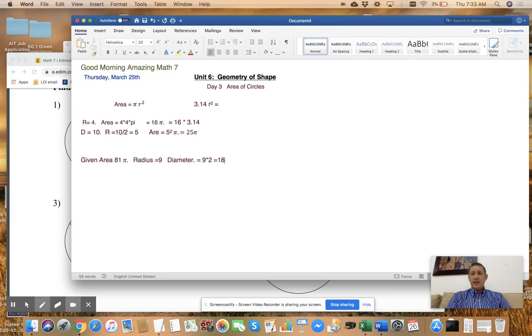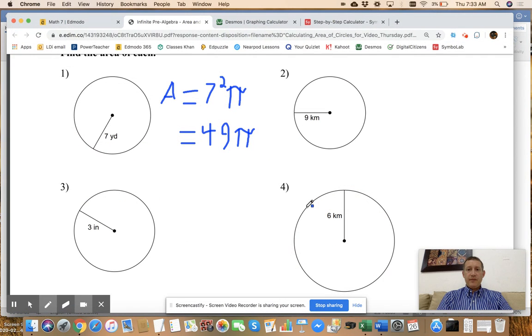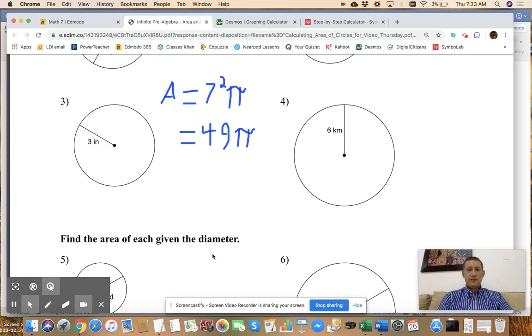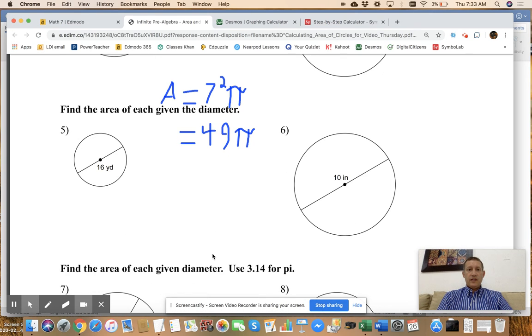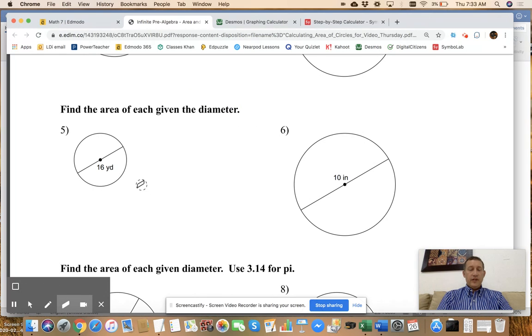Okay, so now let's wrap this up. If I give you the diameter, what you're going to have to do first, so this one's 16. So if it's 16, what's the diameter? Diameter is just going to be half of that, right? It's going to be from here to there.